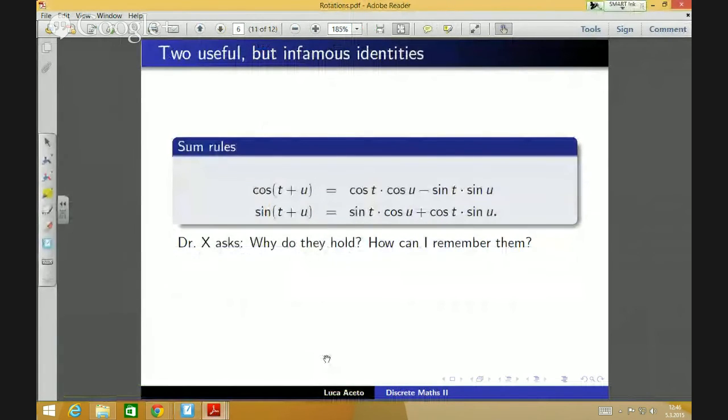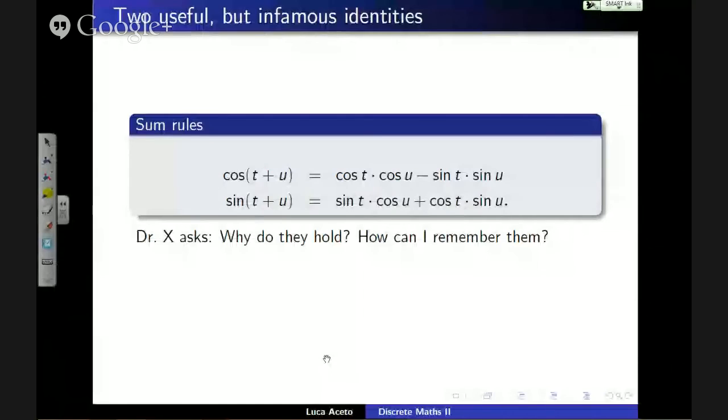So let me close this very introductory discussion of matrix multiplication and trigonometric functions with two useful but, let me say, infamous identities. These are the so-called sum rules of trigonometry, and when I saw them the first time myself, I got squeaky bums, because they look so horrendous and complicated, and it looks like I need to remember them, and nobody wants to remember too many things.